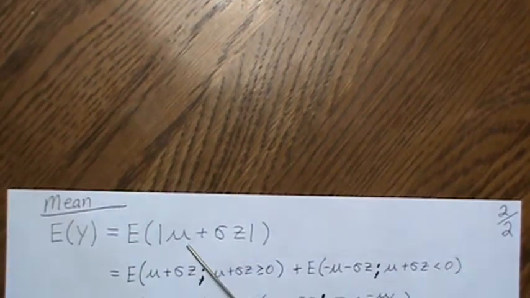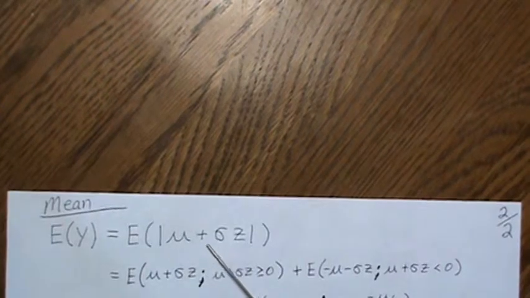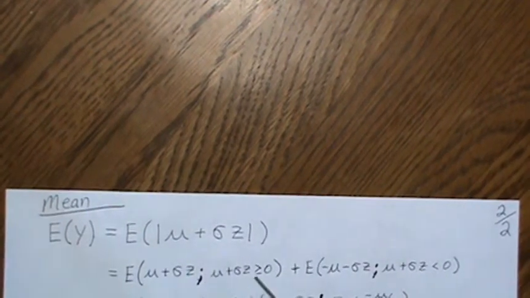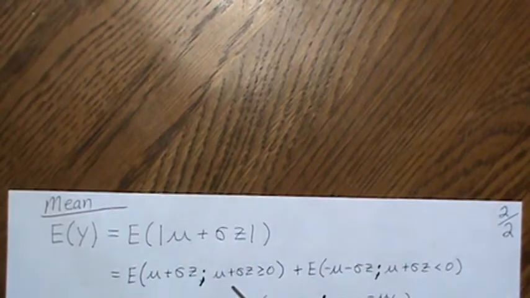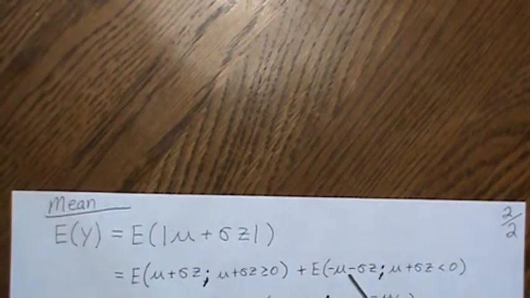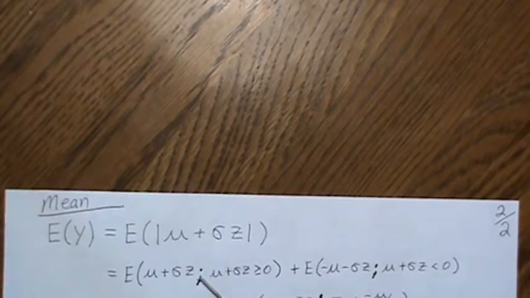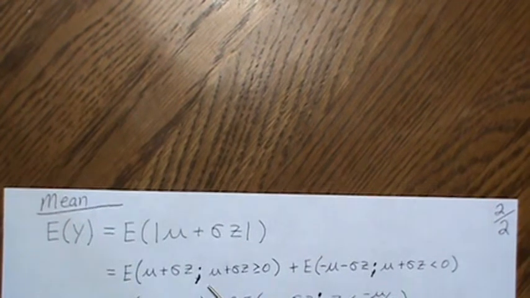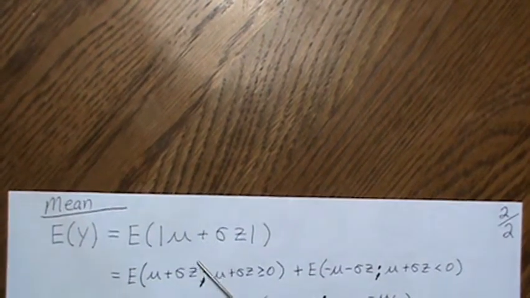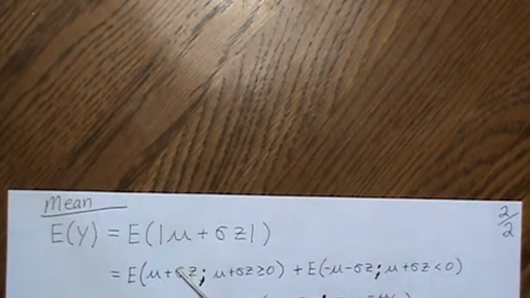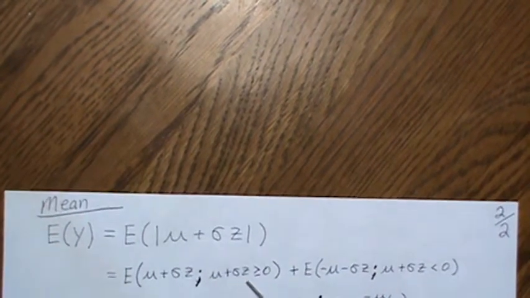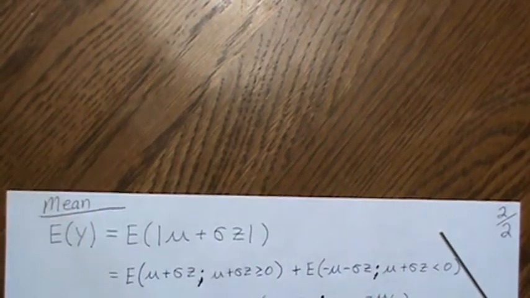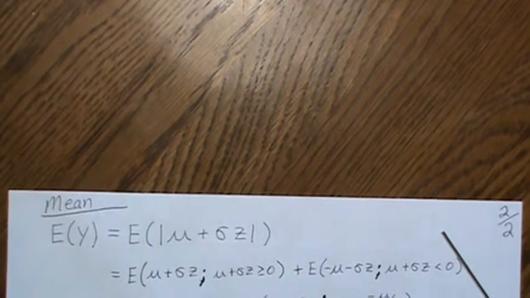This is the expected value of mu plus sigma z such that this is positive, plus, and actually this is a comma. I almost thought about writing it as an indicator function. So it's this times the indicator function where this is positive. I think they're the same, but I wrote it like this.